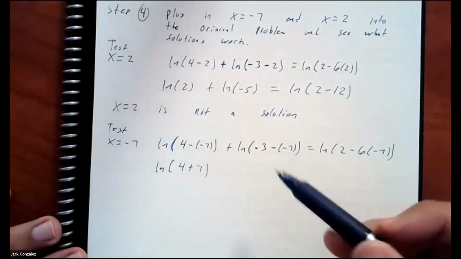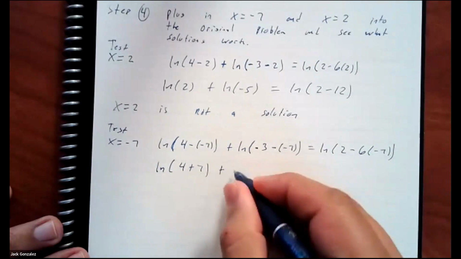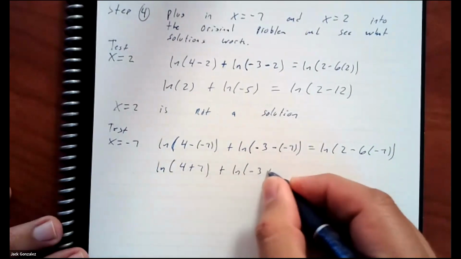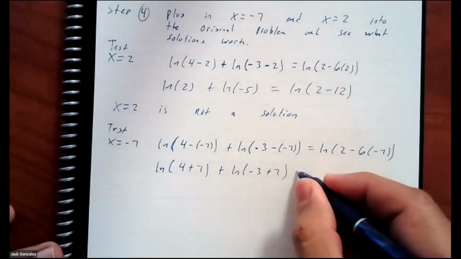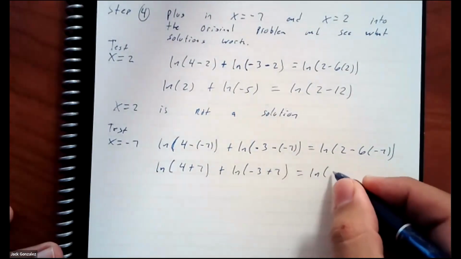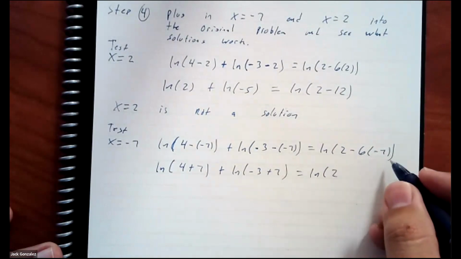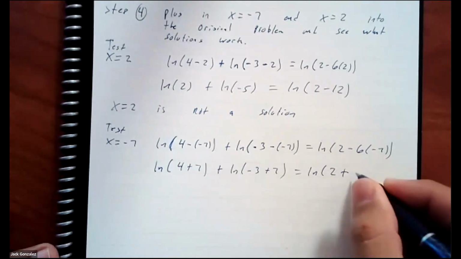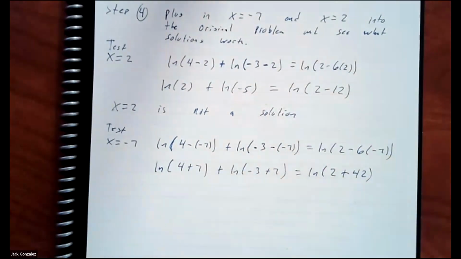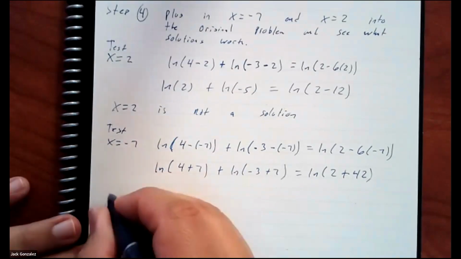The double negative swaps your sign. Plus ln of -3 plus 7. -3 plus 7 is positive, so we're good. Equals ln of 2 minus 6 times -7, which will be positive. So there's no issue here. We're fine.